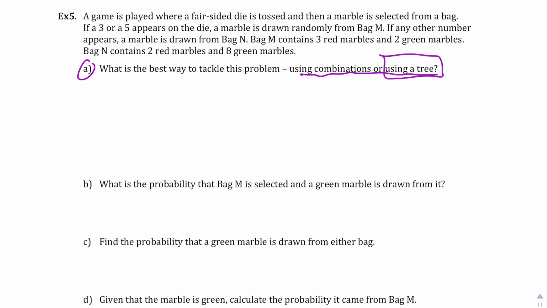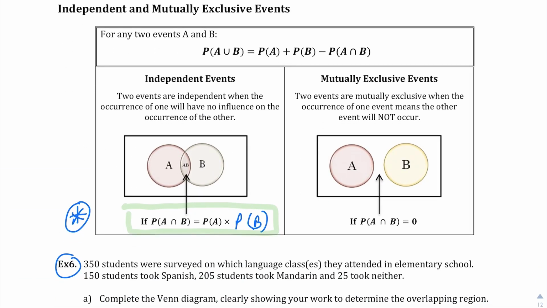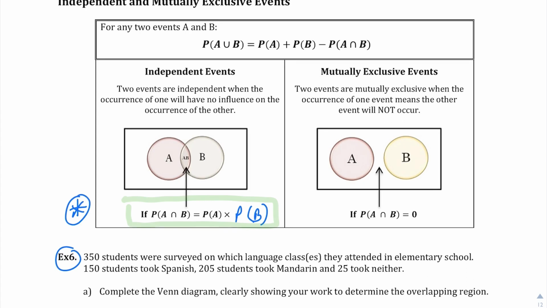You'll notice a fair-sided die is tossed, and then a marble is selected from a bag. So the key here will be to use a tree diagram, which is really amenable to representing multi-stage events.